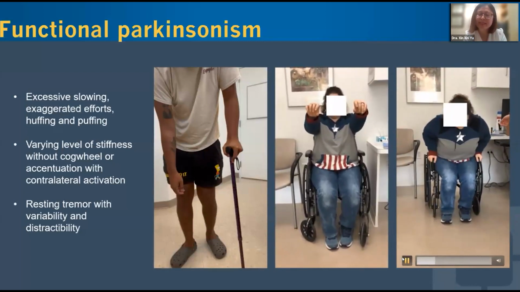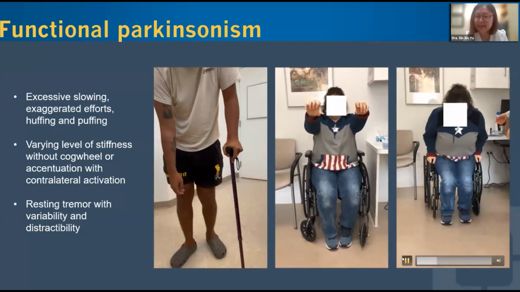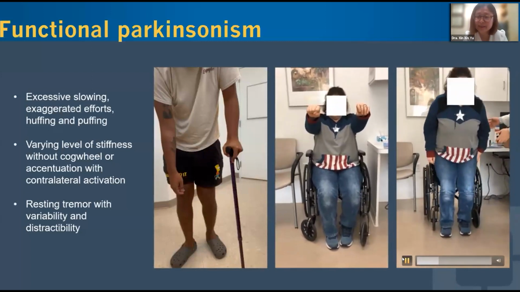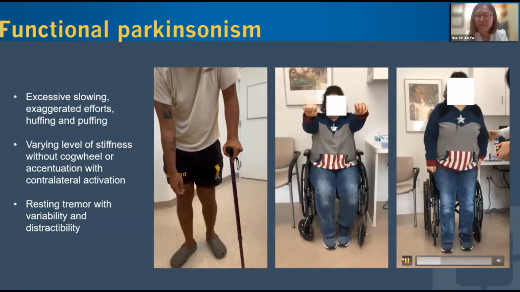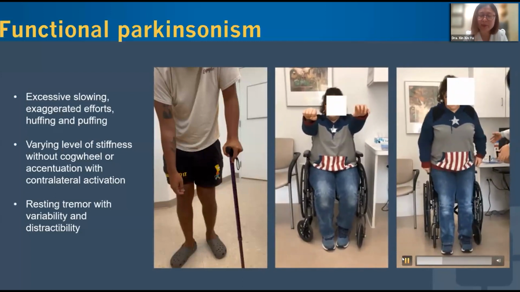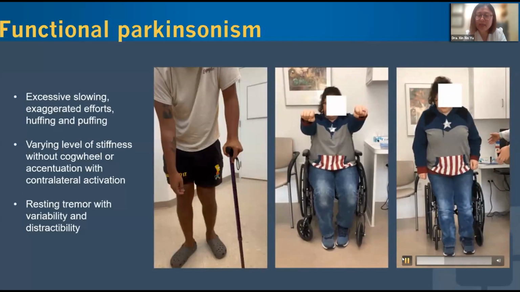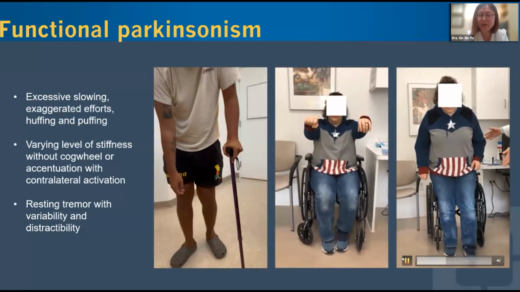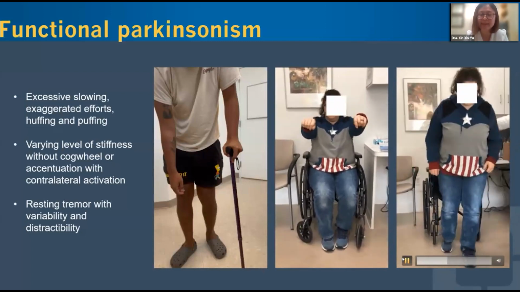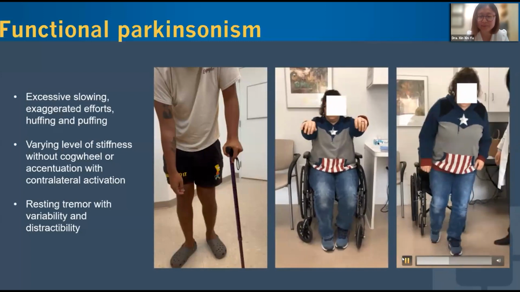Patients may report stiffness in their arms and legs, and you might find stiffness to passive manipulation, but the stiffness is not associated with cogwheeling, and it cannot be worsened by contralateral activation, again, that you might see with Parkinson's disease.